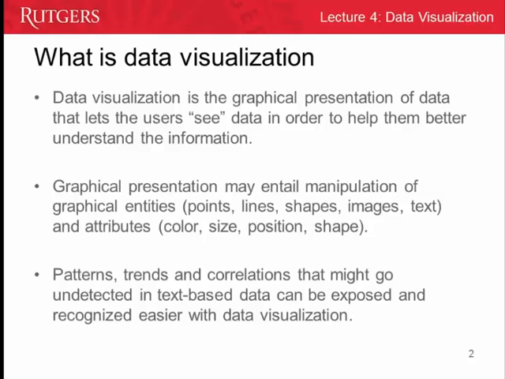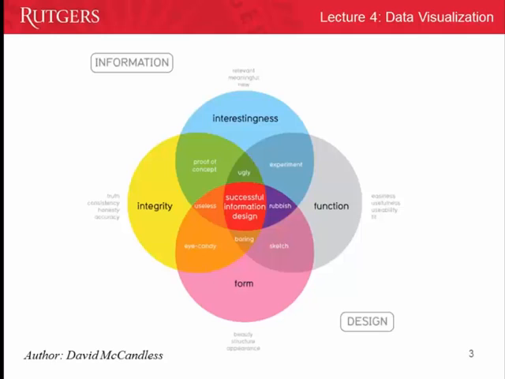With data visualization, patterns, trends, and correlations that might go undetected in text-based data can be exposed and recognized more easily. This figure, created by David McCandless, shows the components of a good data visualization.